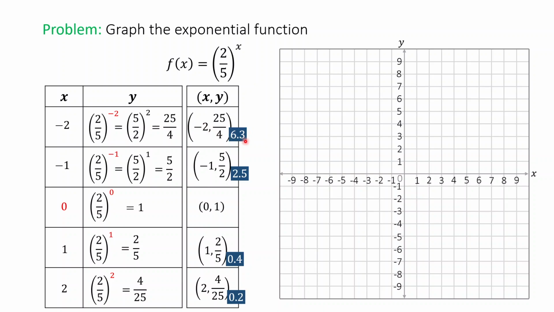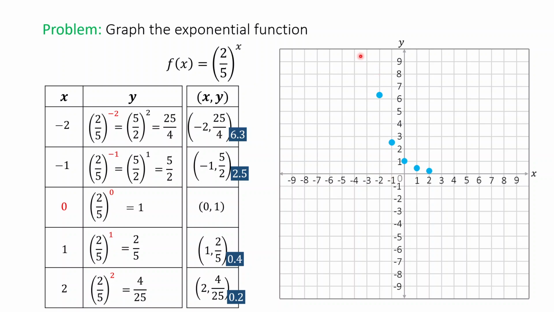Negative 2, 6.3. So somewhere here. Negative 1, 2.5 is here. 0, 1. 1, 0.4 is somewhere here. 2, 0.2 is here.